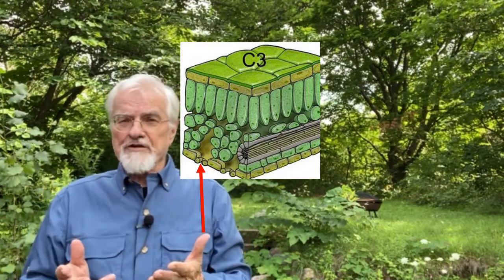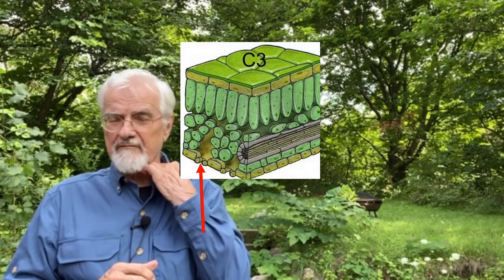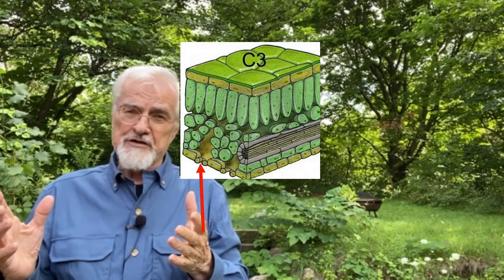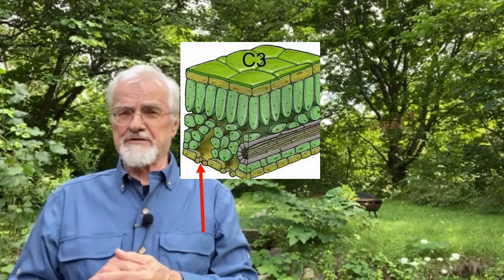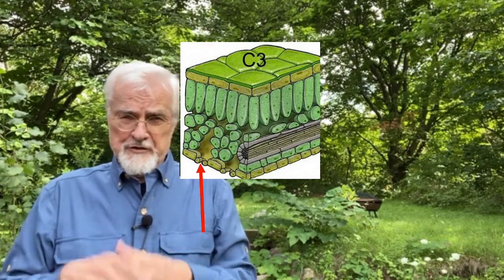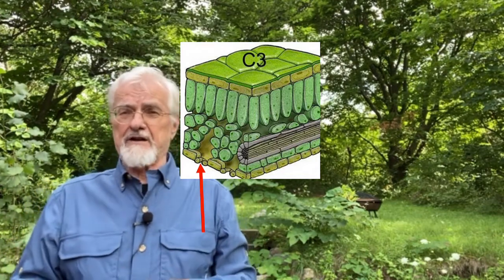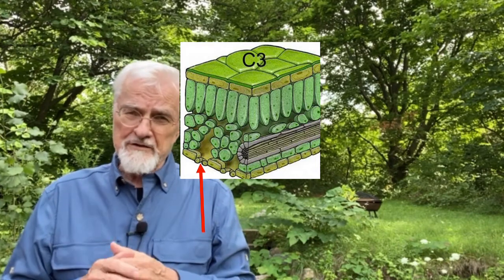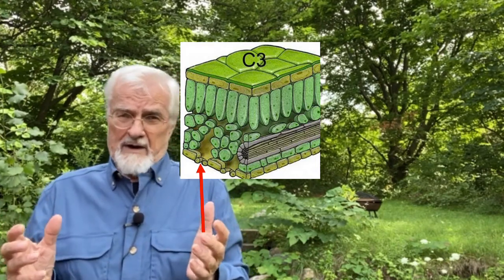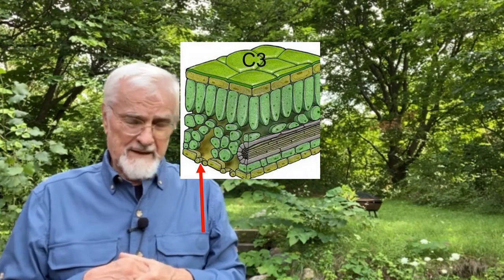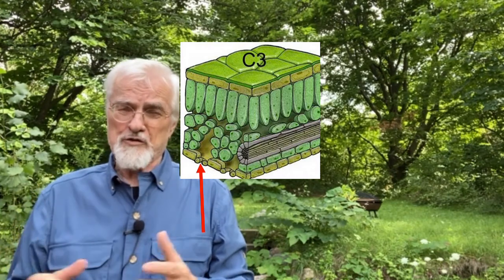Now, this, of course, is going to be especially important in situations where water is a problem, so areas that are desert-like, or areas that are subject to periodic droughts. The plant will be water stressed if that happens.